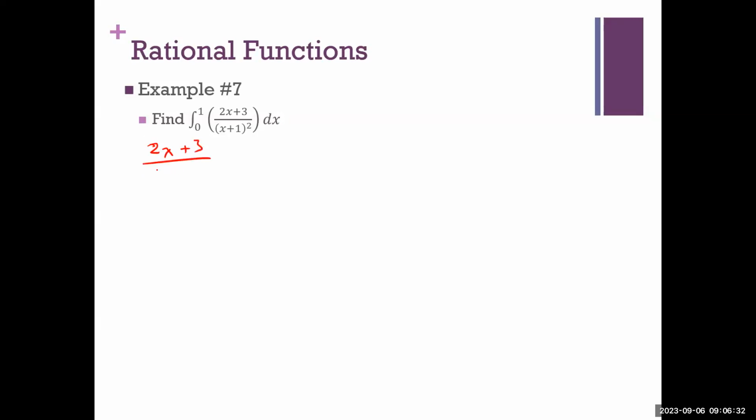So this is that case where I have a repeated root. So because of that, I have to account for every possible power of that root. We agree with this so far?